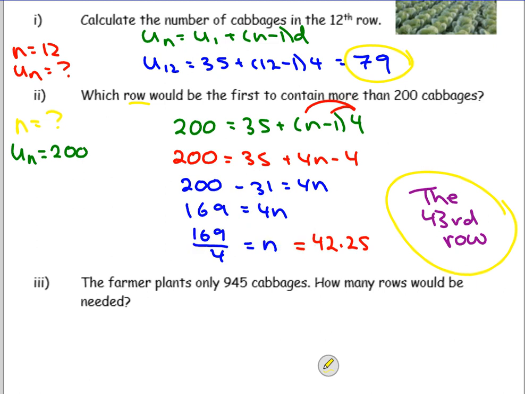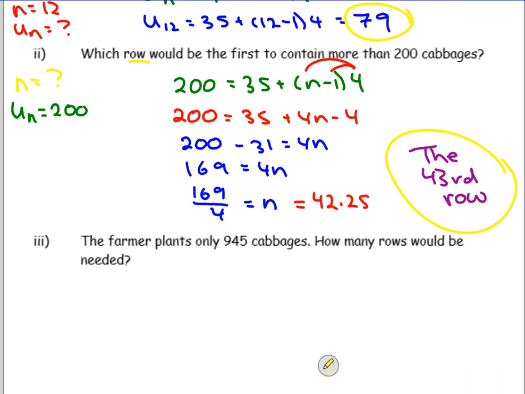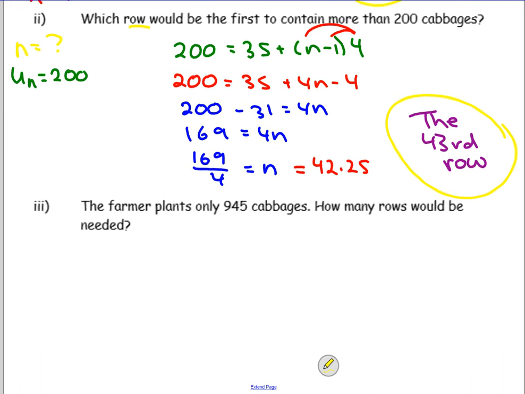The farmer plants only 945 cabbages. How many rows would he need? So what formula do we use for that? The sum or the U of n? It is the sum, yeah. Why would it be the sum? Exactly.